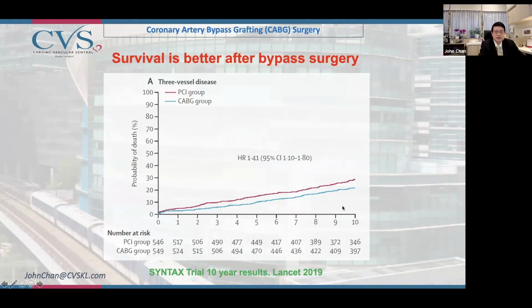And you can see that over 10 years, those patients who have bypass surgery, less of them have passed away compared to those who have had stents. So those who have bypass surgery definitely do a lot better. They live longer compared to those who have had coronary stents if they have three vessel coronary disease, meaning three or more coronary vessels have got coronary disease.